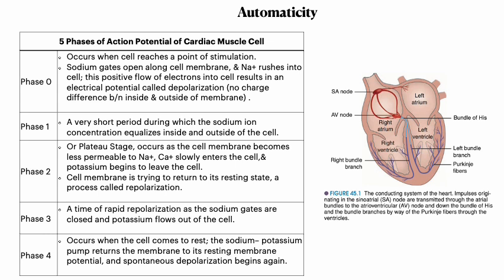The SA node generates an impulse about 60 to 100 times per minute, the atrioventricular or AV node about 40 to 50 times per minute, and the complex ventricular muscle cell about 10 to 20 times per minute.